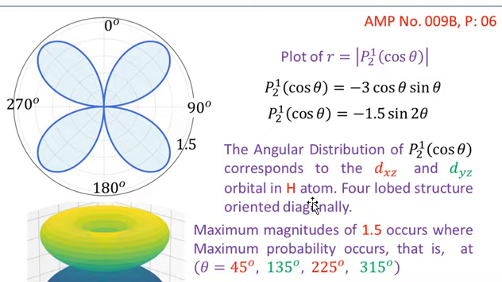One pair of lobes is located in the xz plane, the other pair of lobes is located in the yz plane. So that is why the orbitals are named dxz and dyz orbitals. And you see that the magnitude of this orbital is equal to 1.5. This is the magnitude of the circle in which these two sets of lobes have been plotted.